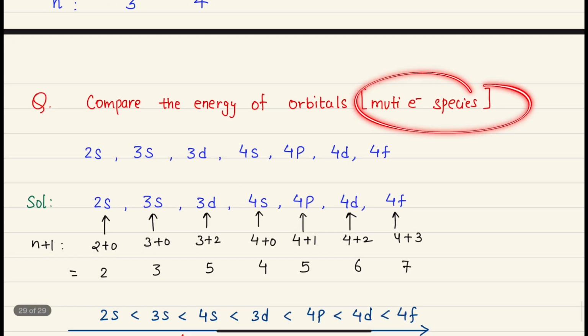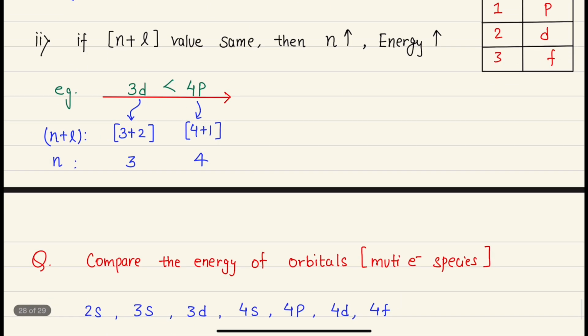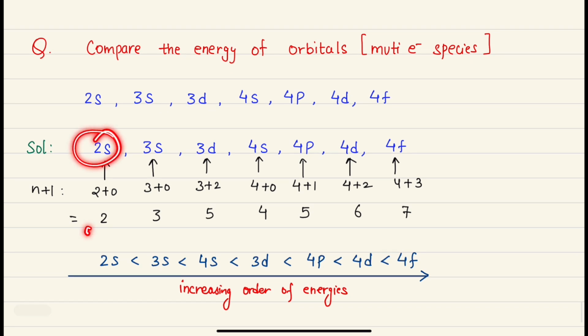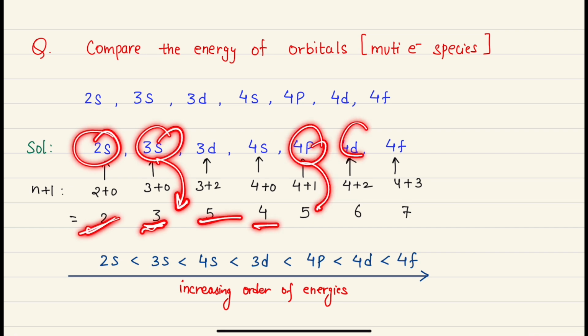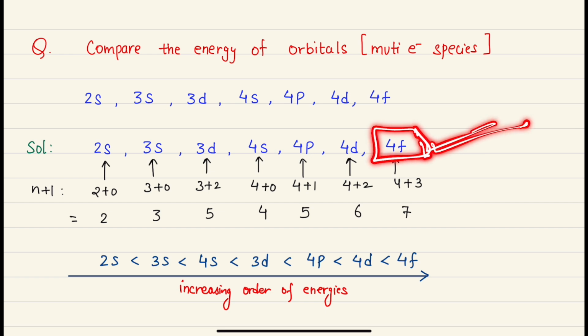First find the n plus l value. So for 2s you will get 2, for 3s you will get 3, for 3d 5, for 4s 4, for 4p 5, for 4d 6, for 4f 7. So the n plus l value is highest for 4f, which means 4f has the highest energy.